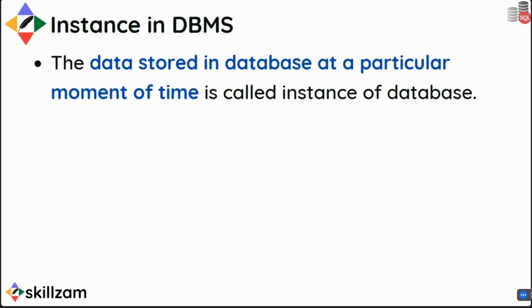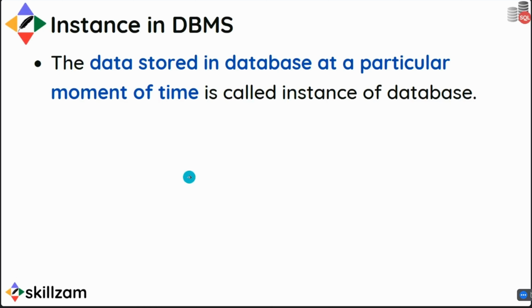But at that very moment of time, the 1st of January 2023 at 1 p.m., the data that is stored in the database is called the instance of the database. So the instance of the database varies as time varies.